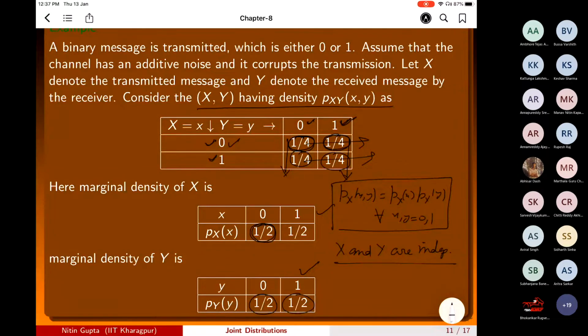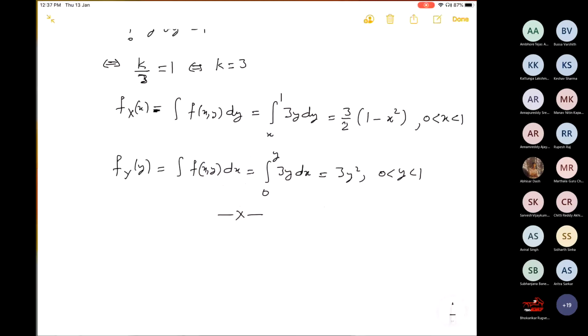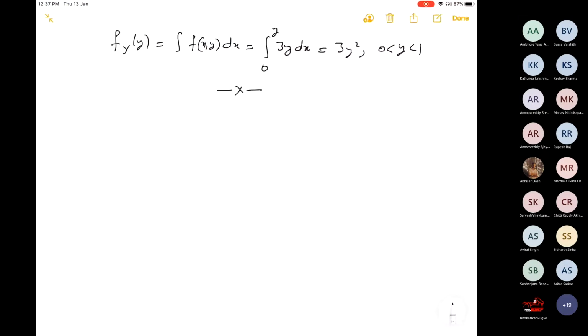Now let us see another example. Let us take f_XY as 6 x square y, where x is between 0 and 1, and y is between 0 and 1. So what is the marginal distribution of x?